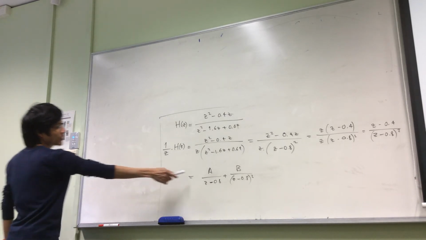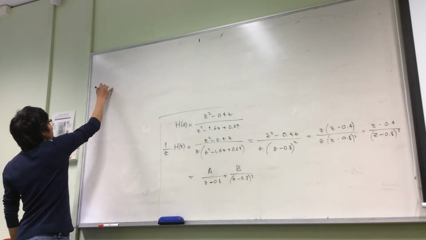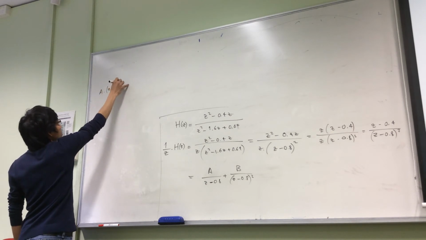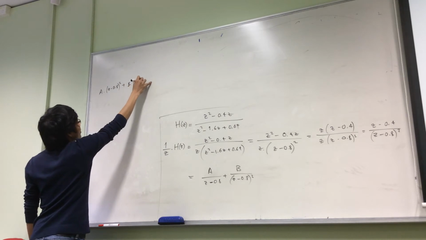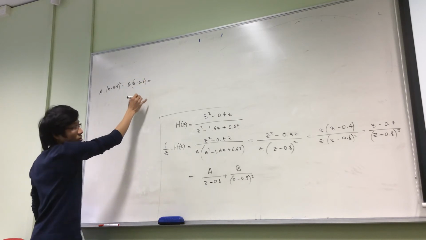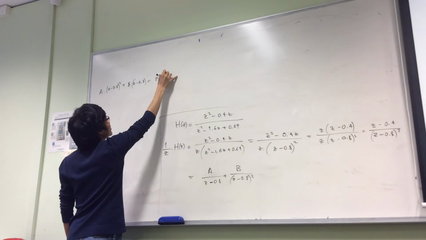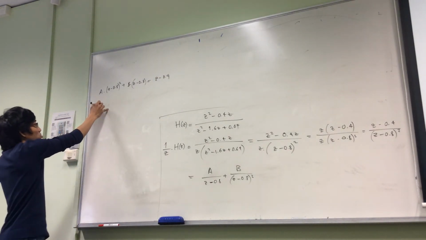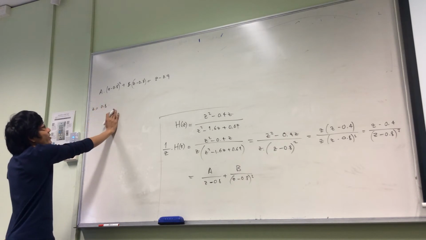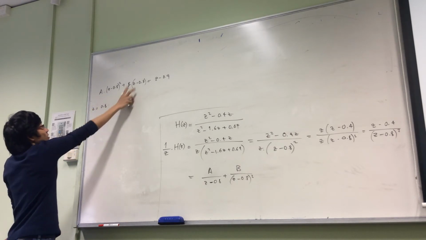So we multiply this by this. A times (Z minus 0.8) squared plus B times (Z minus 0.8) equals Z minus 0.4. So we just take Z equal to some values over here. Z equal to 0.8, easy one. That gives you 0.